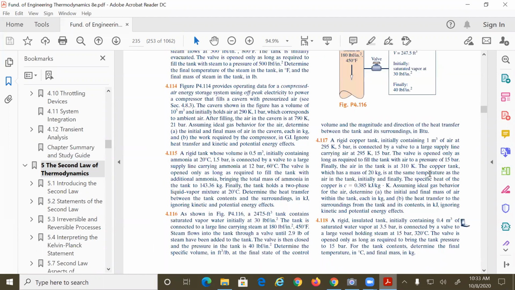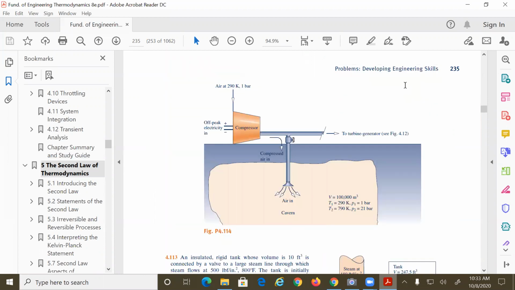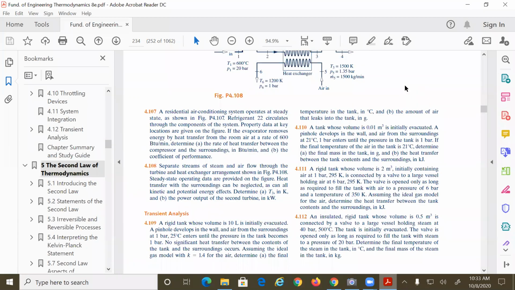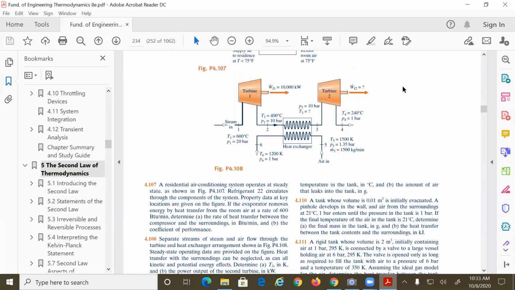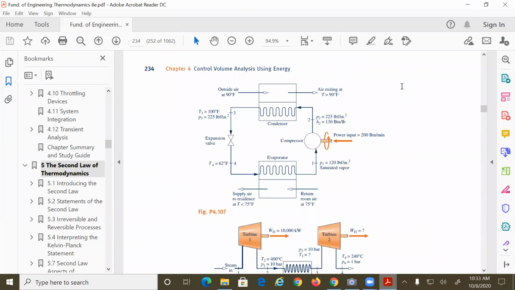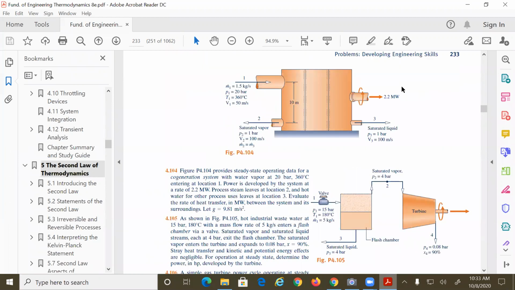So this is really the one in function of time. Maybe next time I'll do this one, or one of these ones. The other type of problem you can have is these ones here. These are good, huh? So 4107, let's see, this one less complicated. Let's first do this one.